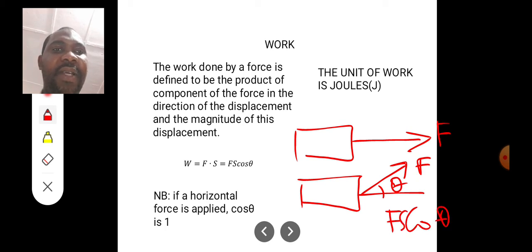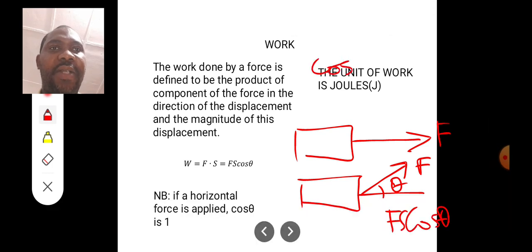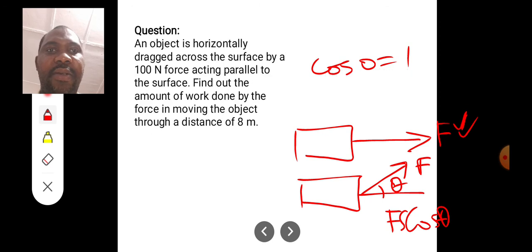But in the other case, your cos theta is 1. Why? Because it is horizontal, because there is no angle. Cos 0 is equal to 1, since here it does not make any angle with the horizontal. So please, let's note that.